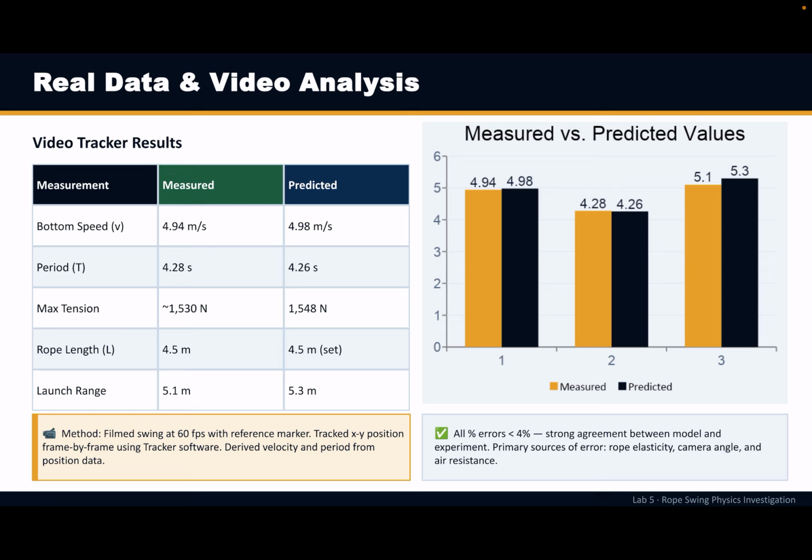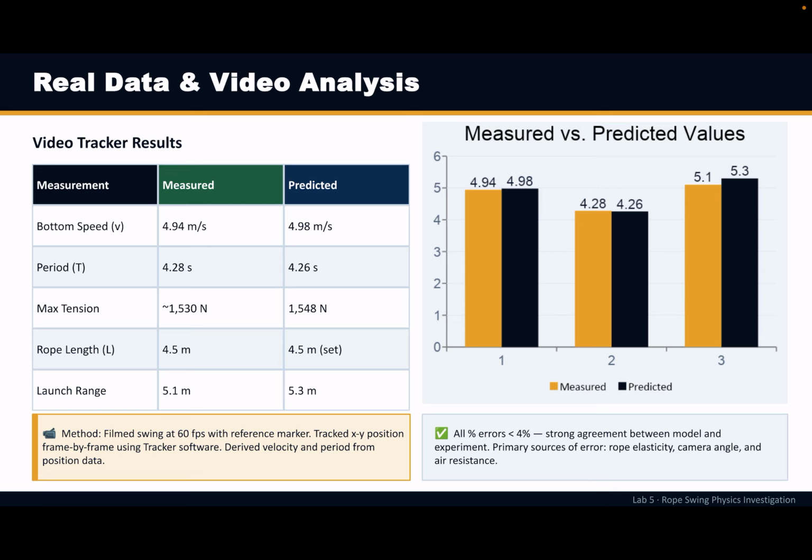A period of 4.28 seconds, predicted 4.26, and a launch range of 5.1 meters, predicted 5.3. As you can see on the bar chart, measured and predicted values are very close across the board. All errors are under 4%, which I'm really happy about given how simple the model is.